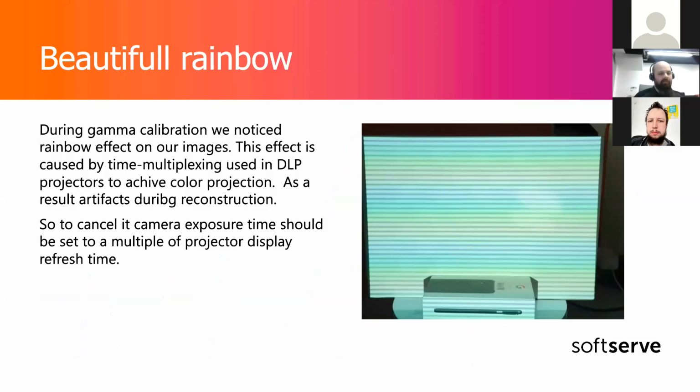Yeah, and about the projector, when we tried to make some calibration and actual reconstruction, we saw that we got a beautiful rainbow in our images, and that was actually caused by the time multiplexing that is used by the DLP projector.